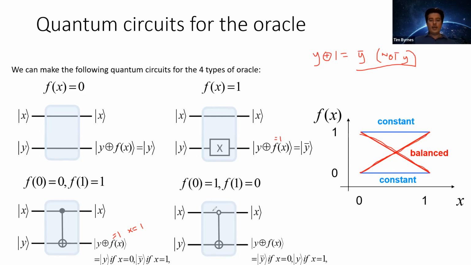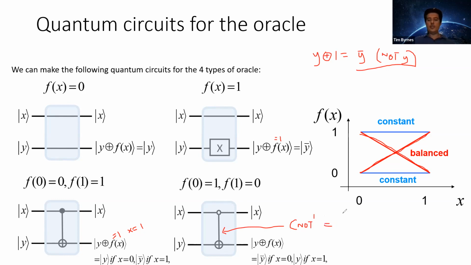It's like the C naught gate, but the control qubit flips it only if its value is 0, not 1. I'm not really sure what to call it, but let's call it C naught dash, okay?